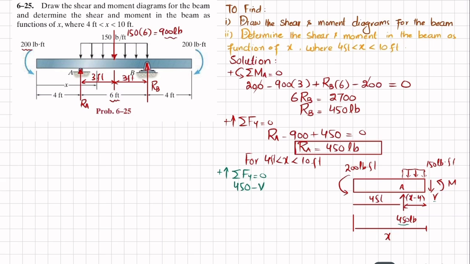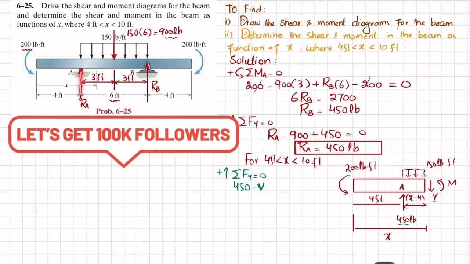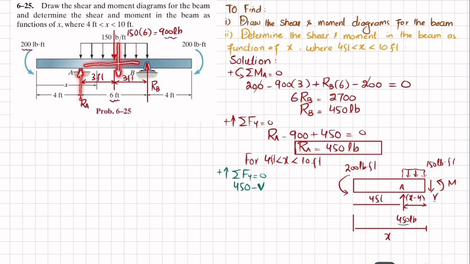You have to take it downward because you can see this is upward, and in this remaining portion all the forces are downward, so shear force will also be downward.